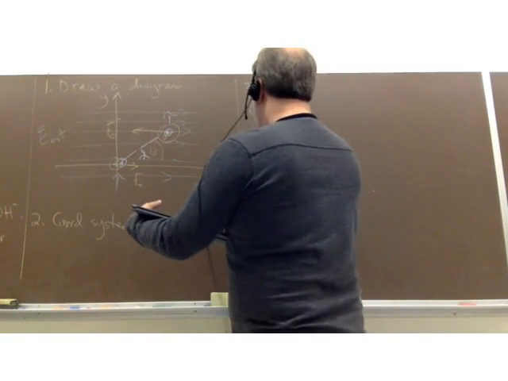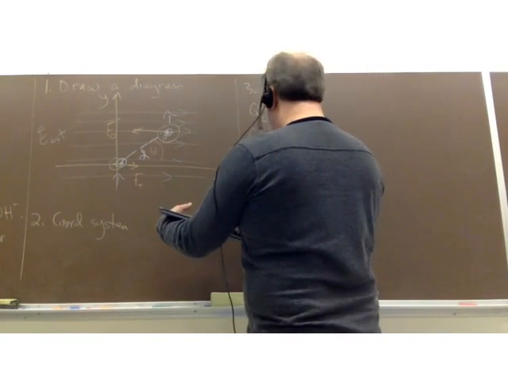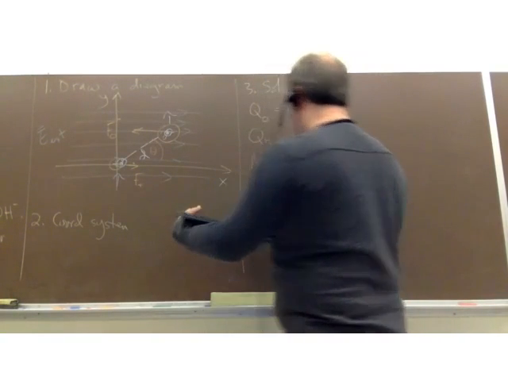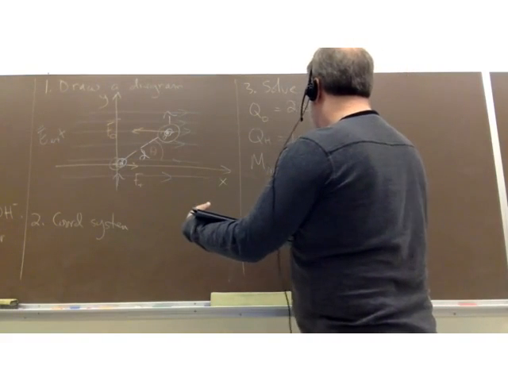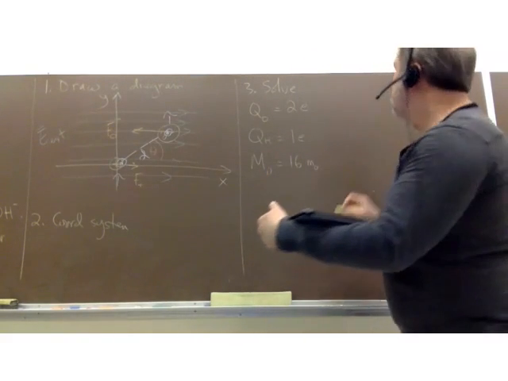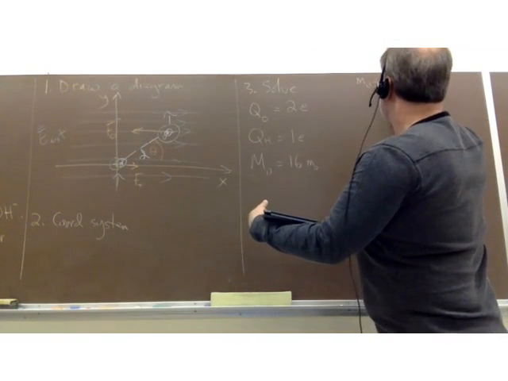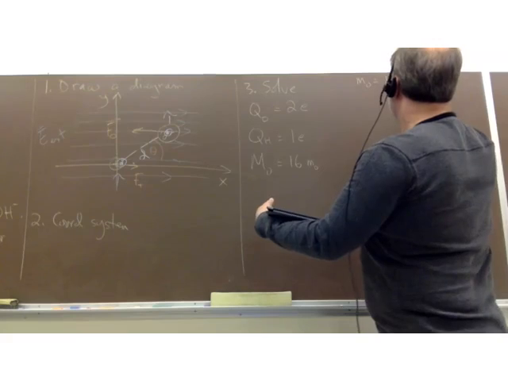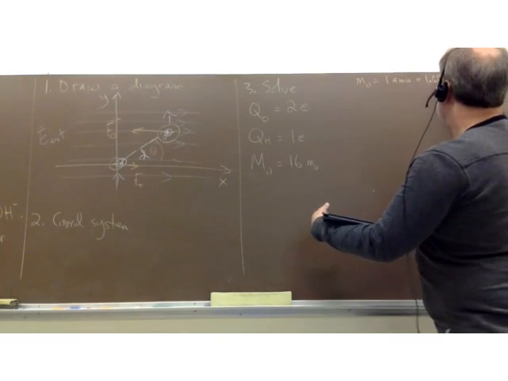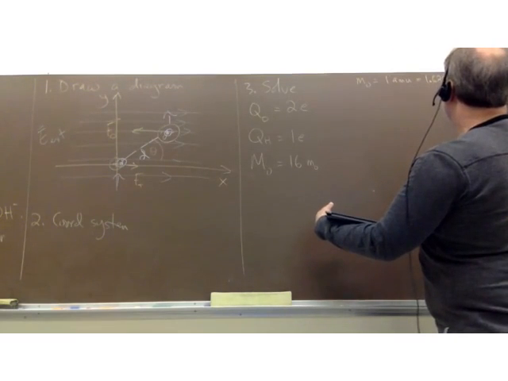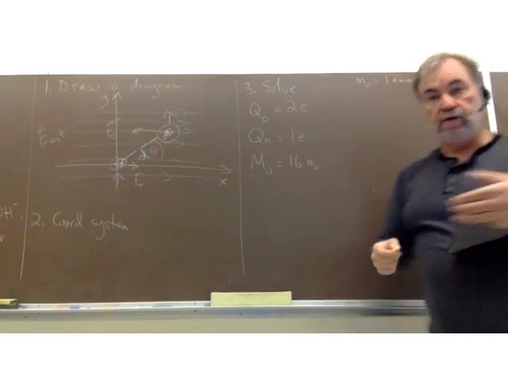The mass of the oxygen is 16 atomic mass units. I'm going to label that M sub O. One atomic mass unit is 1.6725 times 10 to the minus 27 kilograms. And if you can't read that, don't worry about it too much.